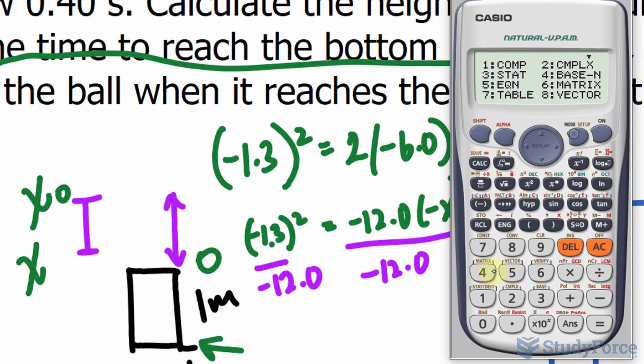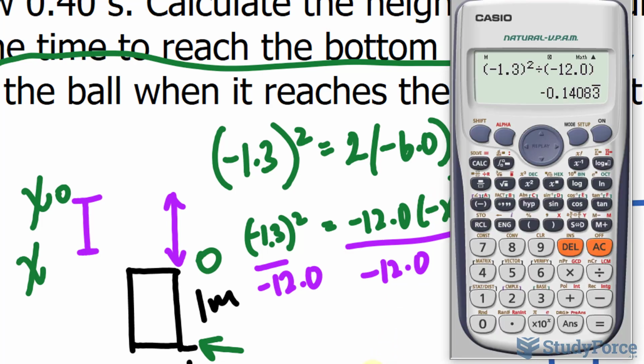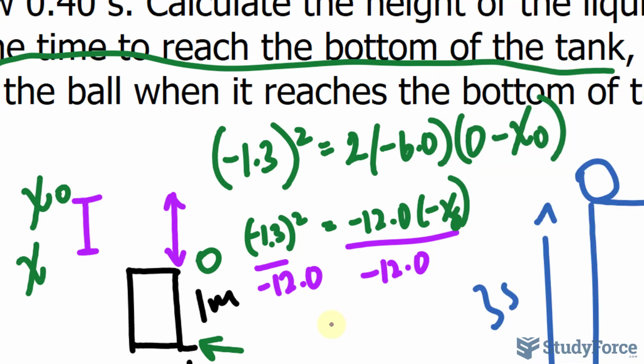So -1.3 raised to the power of 2 divided by -12.0 gives me a value of -0.14. And remember, we still have that negative here, so if we divide both sides by -1, that makes 0.14 as our answer. So the distance from the top of the tank, the very top of the tank, is 0.14 meters.